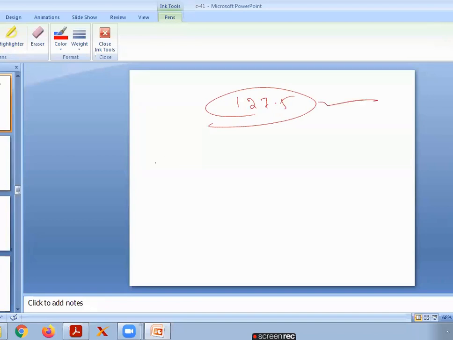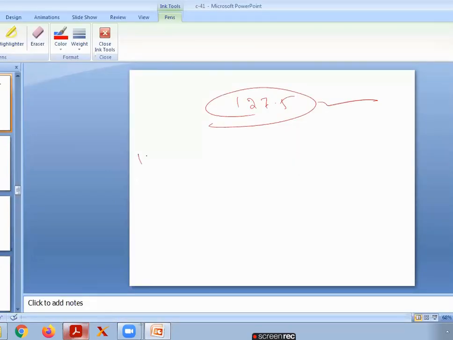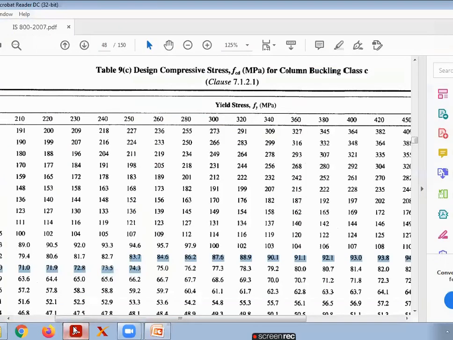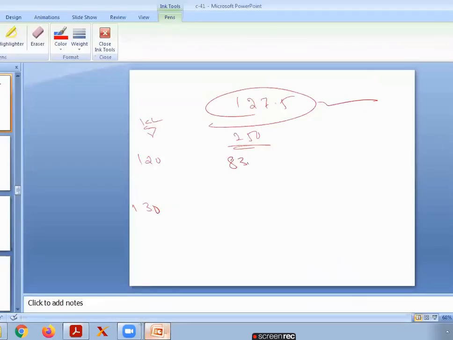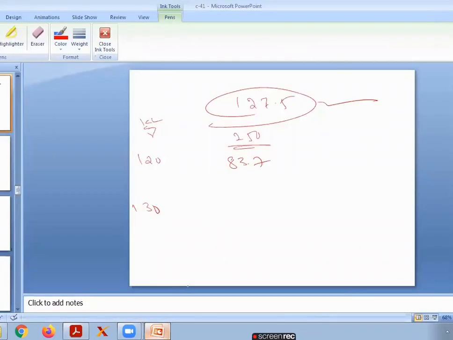The table is showing the KL by r values as 120, 130. That is the slenderness ratio. For fy 250, if you observe here, under 250 the values are 83.7 as well as 74.3.